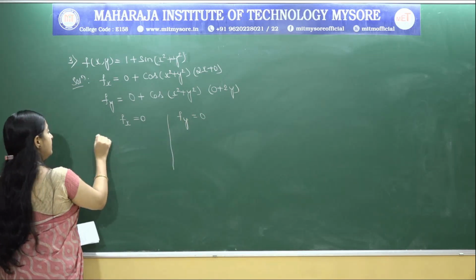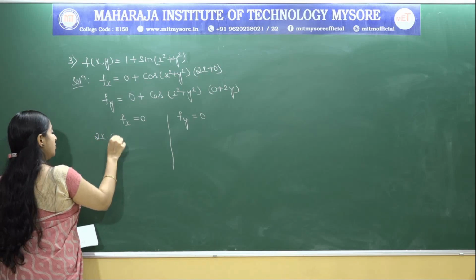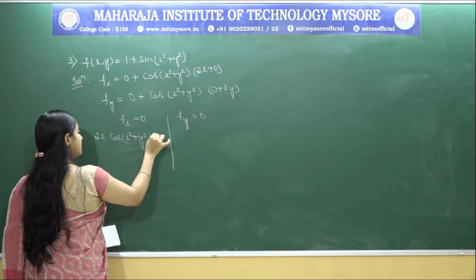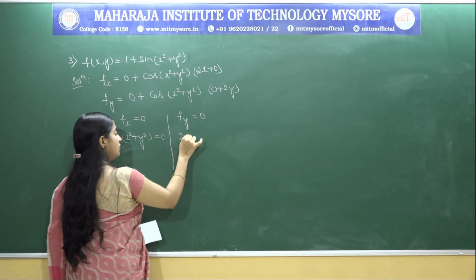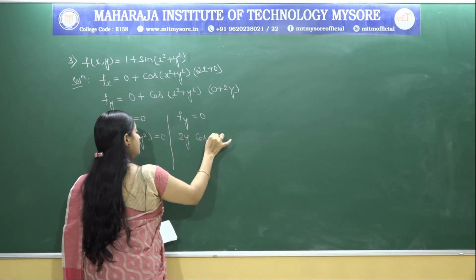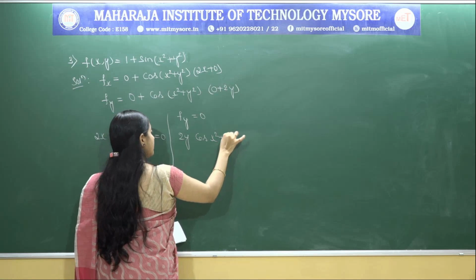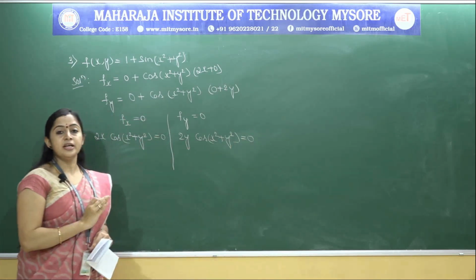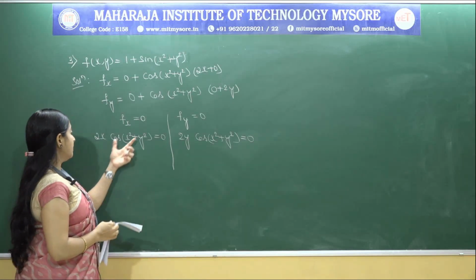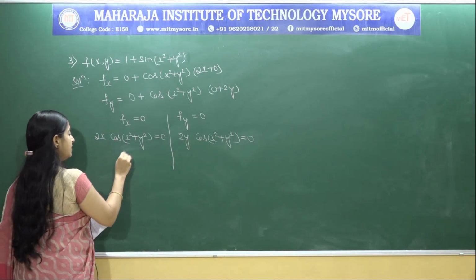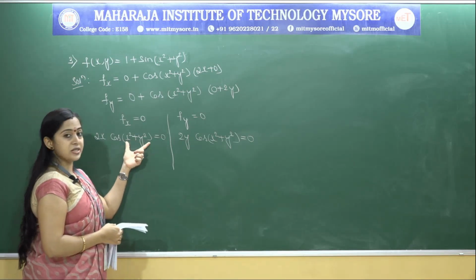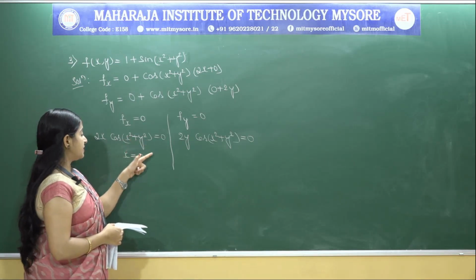So the first term fx equals 0 and fy equals 0. The first part is 2x cos of (x squared plus y squared) equals 0. Similarly, 2y cos of (x squared plus y squared) equals 0. Here we equate both terms to 0. From the first, you will get x equal to 0.